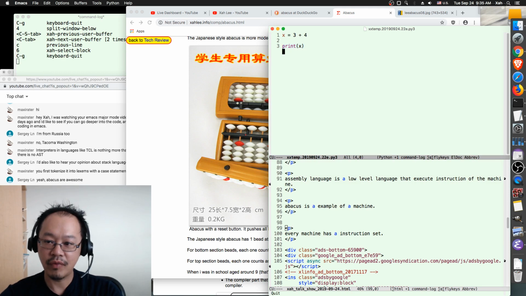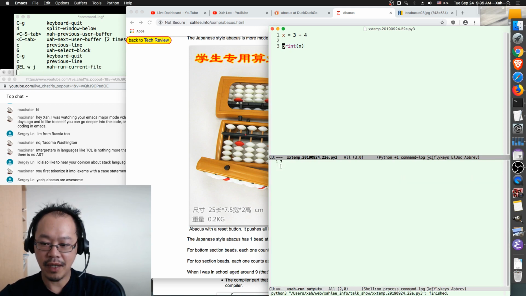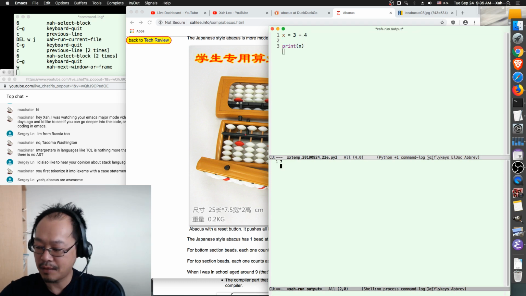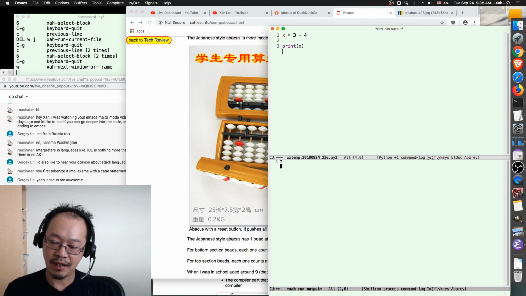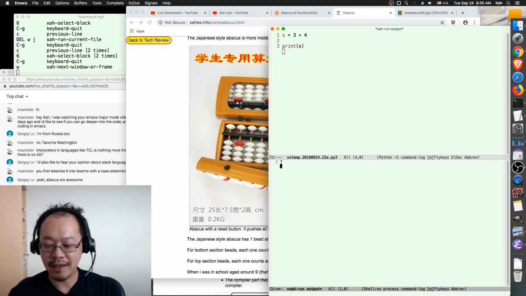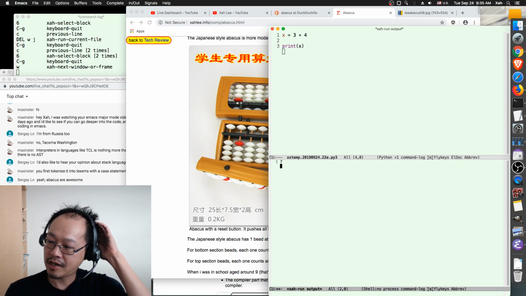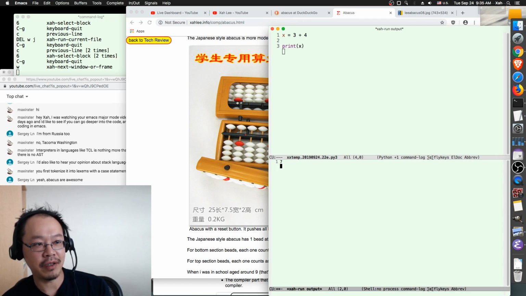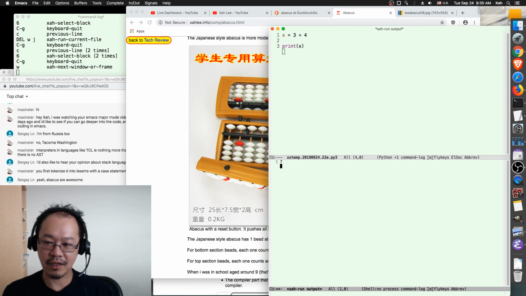For example, when I run this, the Python interpreter takes this source code and outputs a machine code and runs it right away. Typically, compilers do not run it. That's not the compiler's job. But when you talk about an interpreter, that's part of the process. So that's a minor difference between compilers and interpreters, but the differences are basically becoming less and less today.